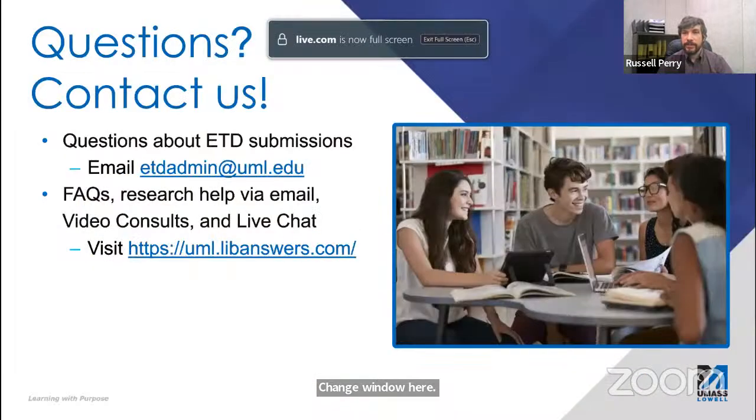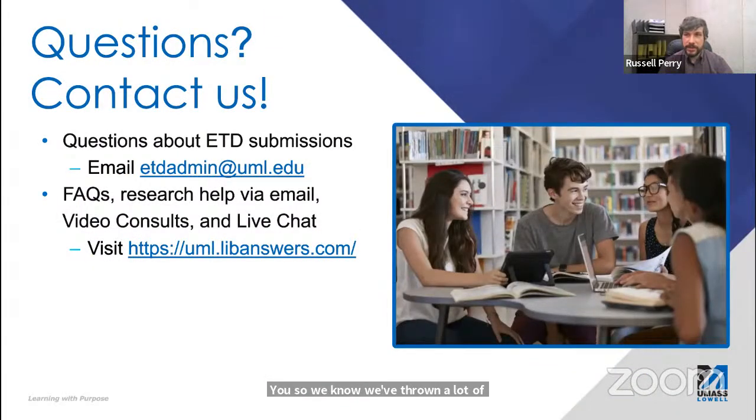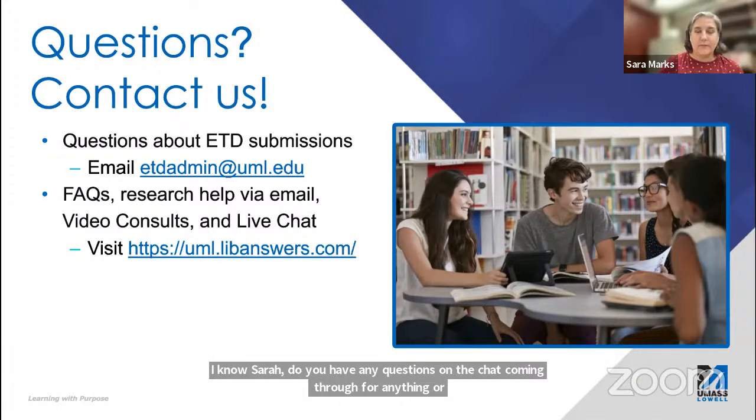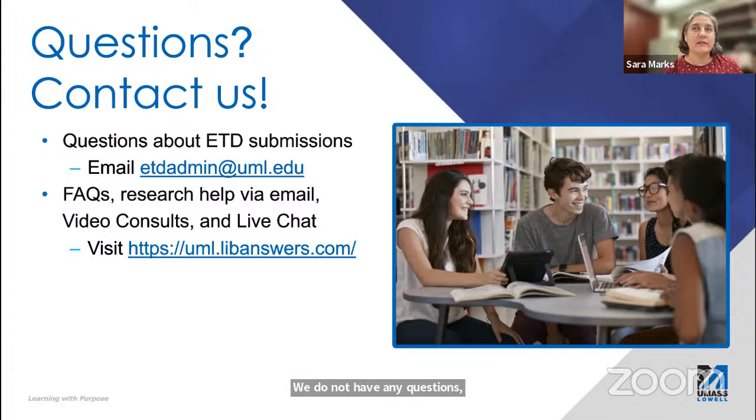Okay, so we know we've thrown a lot of information at you in a very short span of time. Sarah, do we have any questions on the chat coming through? We do not have any questions, but I did note, from my own past experience helping students, that not every department does a declaration of your intent to graduate.